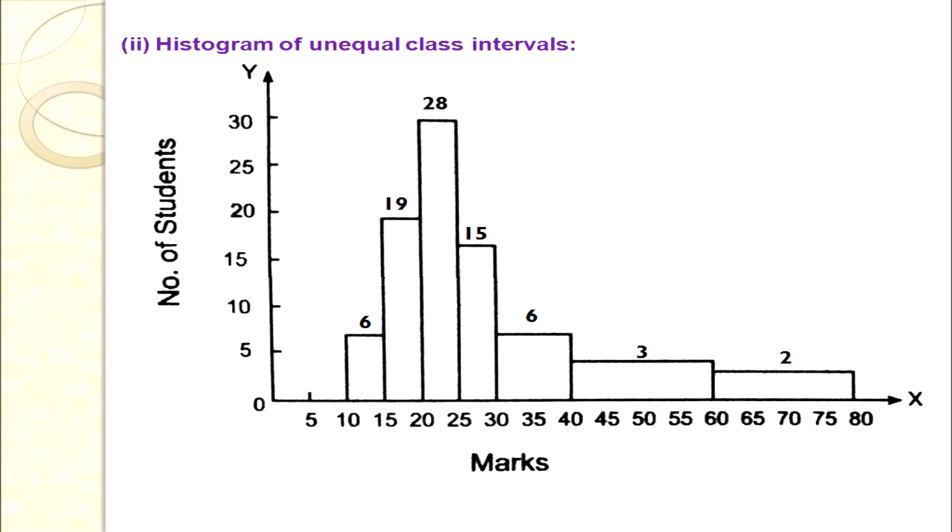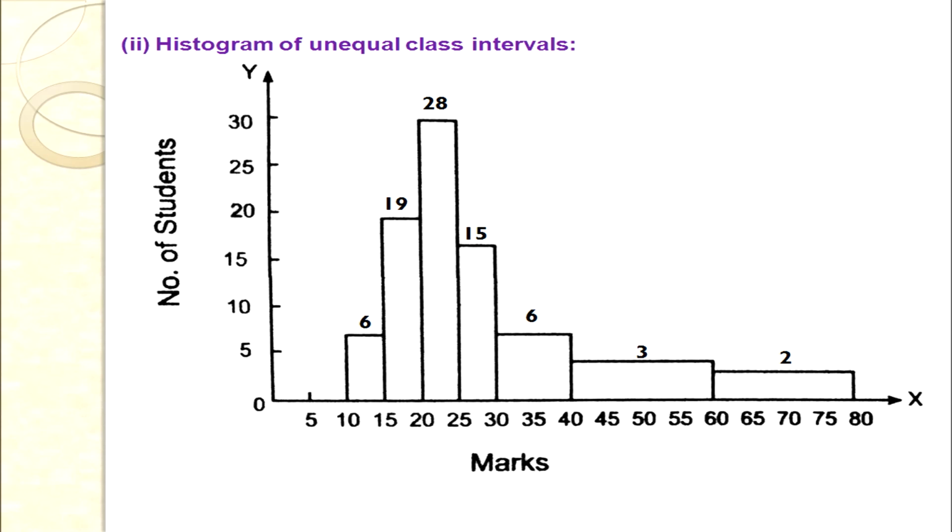For certain classes the width of the rectangles is changing, for whom we have adjusted the frequency. For others whose frequencies are not adjusted, their width remains same, that is 10 to 15, 15 to 20, 20 to 25, 25 to 30. As the class interval gap is same, we have not adjusted the frequency, so the width remains same.